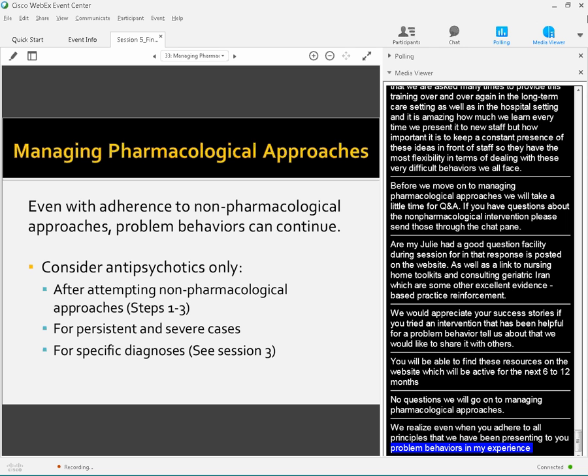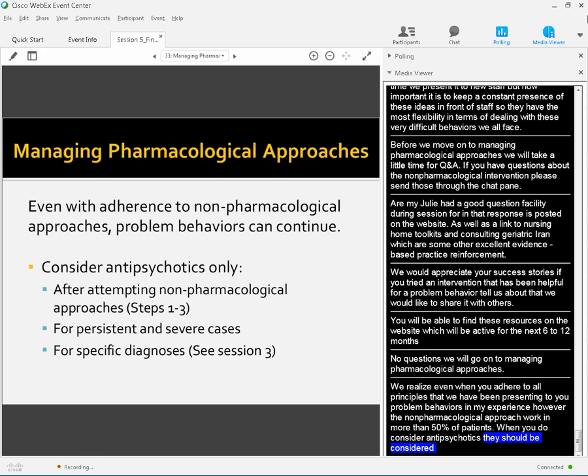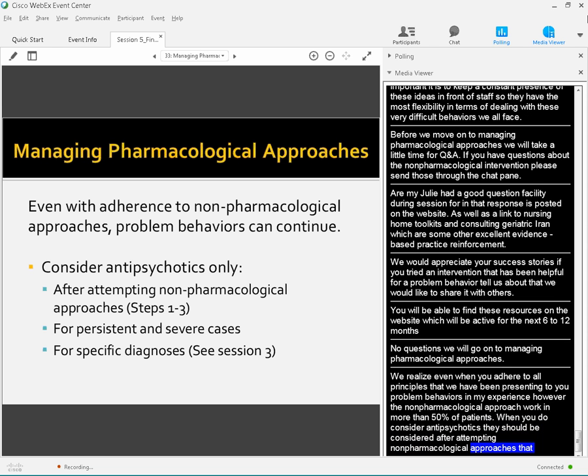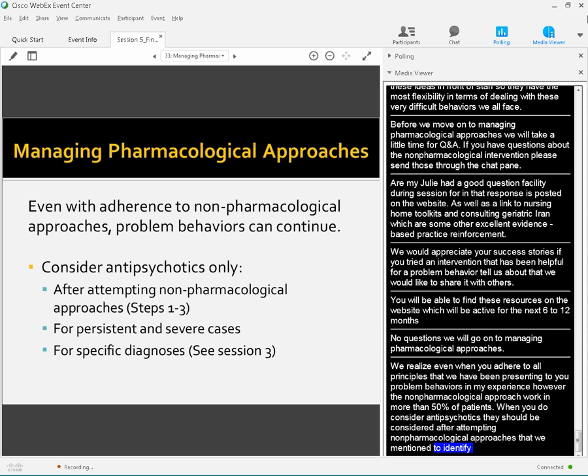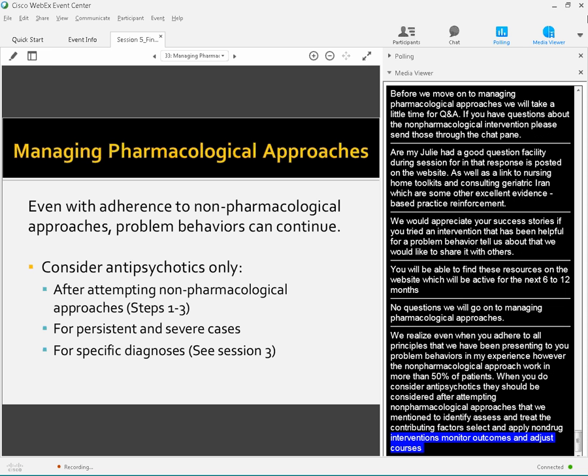When you do consider antipsychotics, they should be considered after attempting the non-pharmacological approaches that we have mentioned, the steps to identify, assess and treat the contributing factors, select and apply non-drug interventions, monitor outcomes, and adjust the course as needed. If you will do that, you will find the need for antipsychotics will be at least half of what it might have been if you just reach for the drugs first.